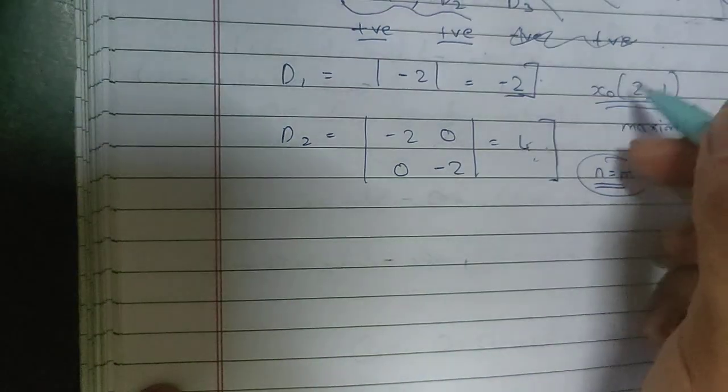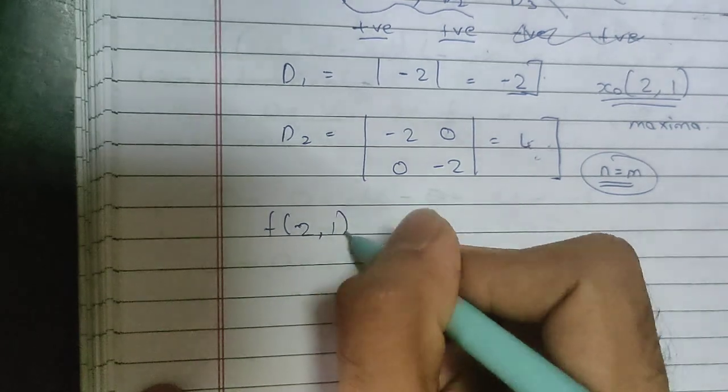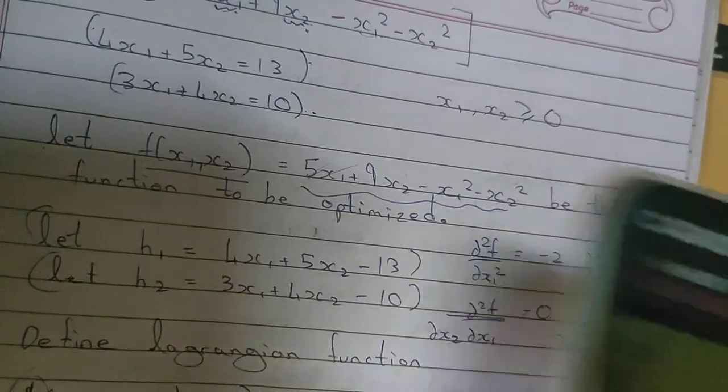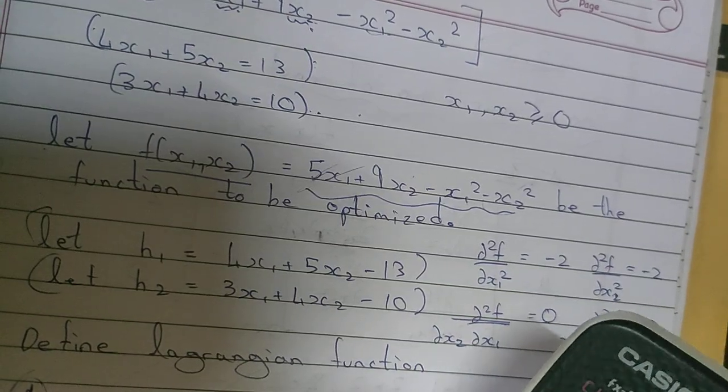So now we know that this is a point of maxima, so we can just go ahead and substitute that into the function, no? And we'll get a maximum value. Now our function is this one, no? So just calculating.